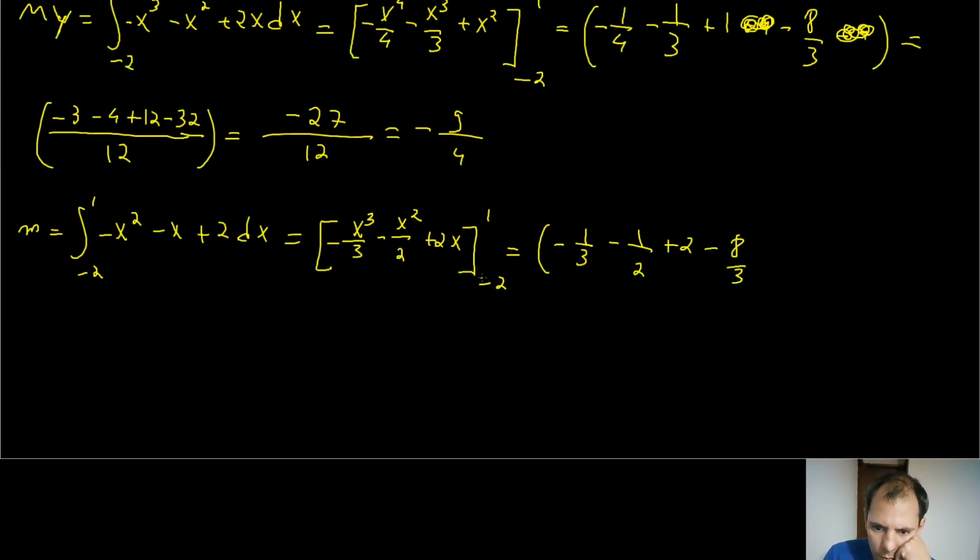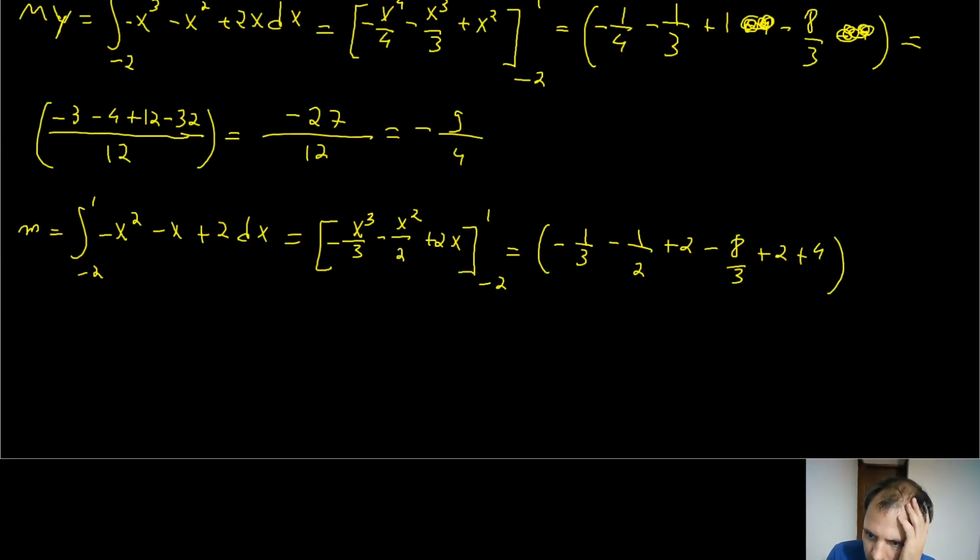In here, 4 divided by 2. And here you have a -4, but it'll be +4.